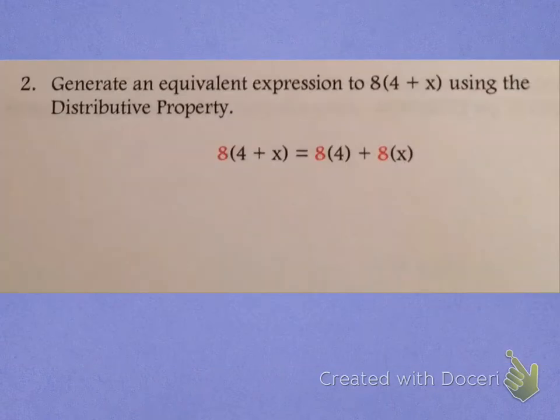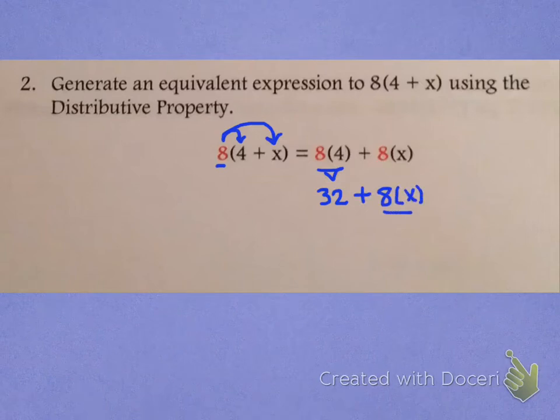Let's do that again. We are going to generate an equivalent expression for 8(4 + x) using the distributive property. Again, our number in red is the number we are distributing. So we would multiply 8 times 4 and then add it to 8 times x. First, 8 times 4 is 32, and then bring down what we have not solved yet, that 8x.